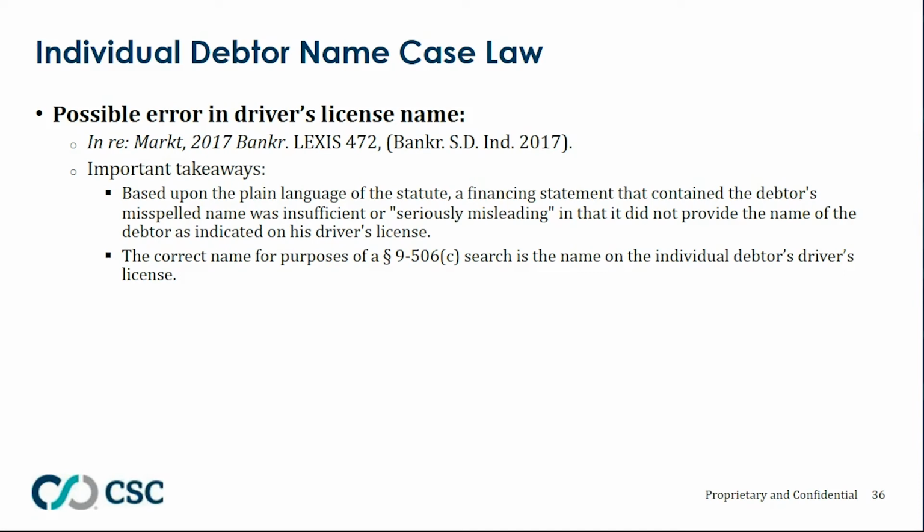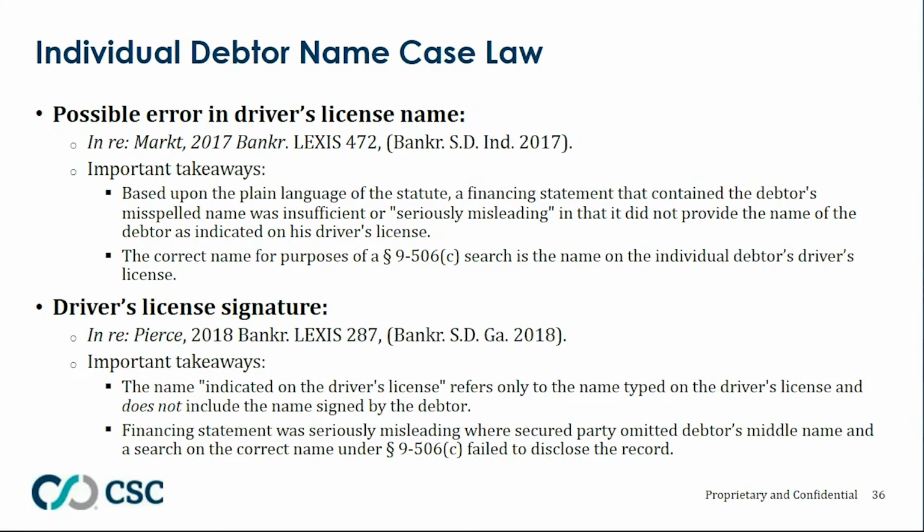Another more recent case was In re Pierce, and what happened here is the name on the driver's license was both printed, and then also there was a signature on there. The name on the financing statement was the signed name. The secured party put the name as it had been signed, and it was different than the name that was printed on the driver's license, and the secured party creatively argued that both names were sufficient.